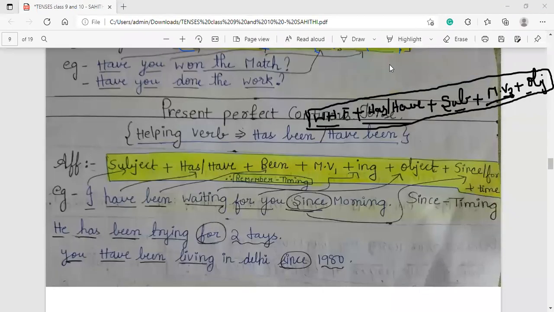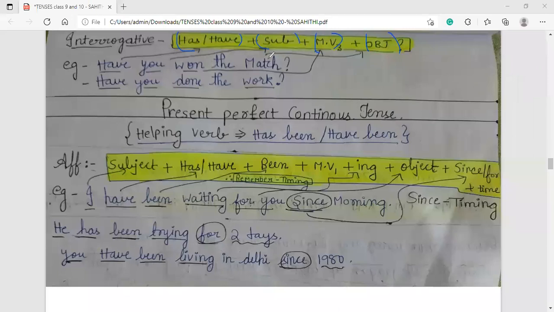Now in this present perfect continuous, I'm going to talk about the helping verbs has been, have been. We have already seen that for perfect we are using has or have as the helping verb. So for present perfect continuous, it is perfect and it is also continuous. Adding present and continuous both gives us has been. Has is for the present tense, and has been is for the continuous one. Remember this, you only need to remember this.